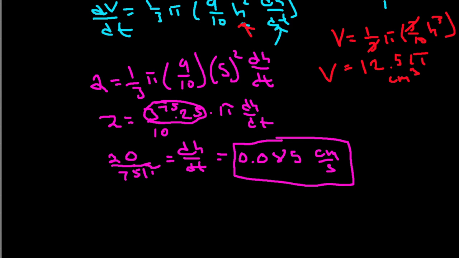So it's close to the center. On average, I would expect it to be roughly about 0.085, maybe a little more, for the speed at which the height of that water level increases.